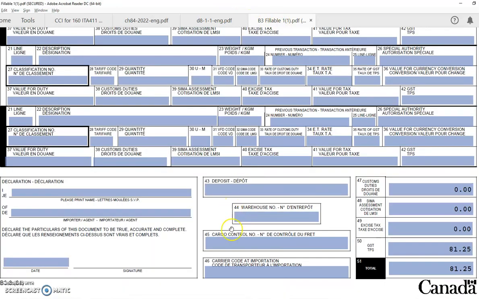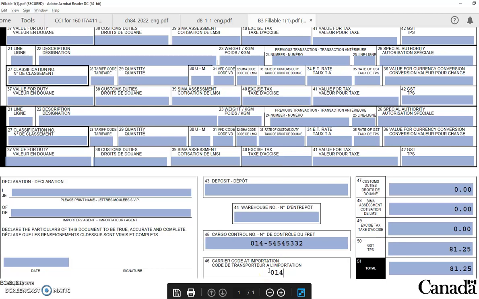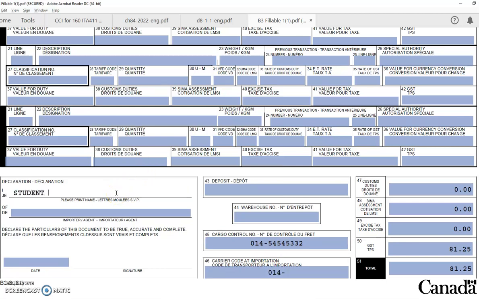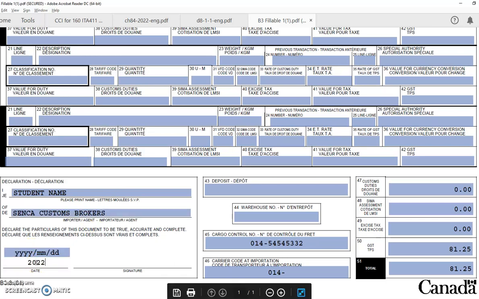And we need to put down the value carried importation, which is 14 dash. Put your name here, of Seneca Customs Brokers. And the date. Okay. And there you have it.